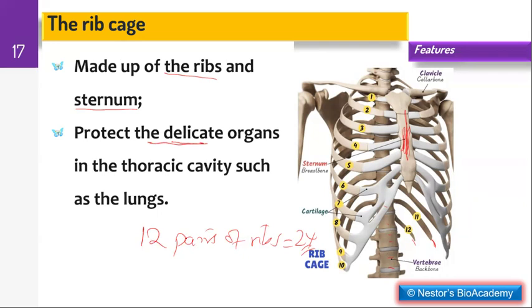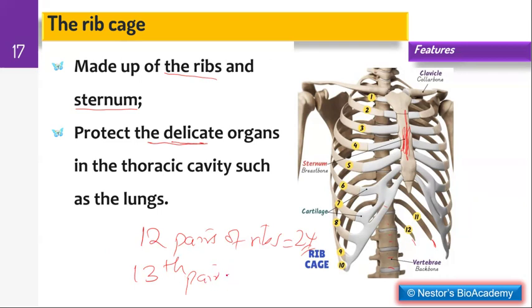However, in around 1% of the population, we have individuals who possess a 13th pair of ribs. However, it is important to note that the possession of the 13th pair of ribs does not offer any advantage.